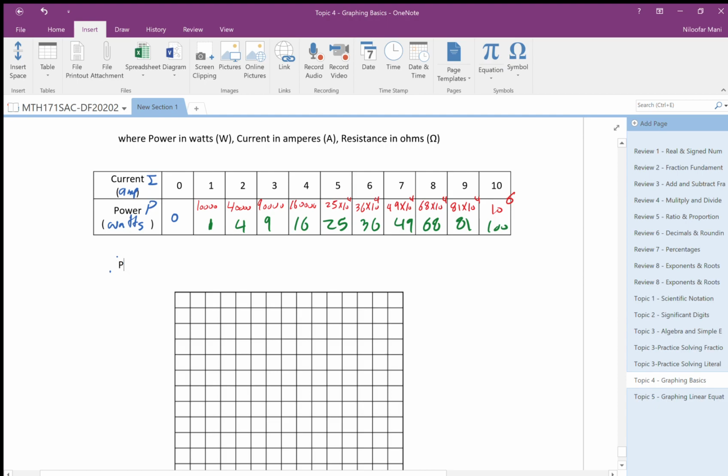So the title: power produced by current through a 10,000 ohm resistor.